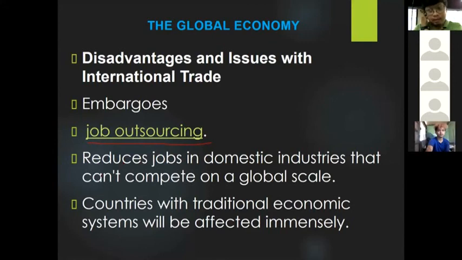Dahil nga mababa ang salary or wages sa Pilipinas. It reduces jobs in domestic industries that can compete on a global scale. Yung mga maliliit na industriya, maliliit na kumpanya ng sapatos sa Marikina, for example, dahil marami pumapasok na imported goods from international trade, dahil hindi sila makapag-compete sa mga international brands, nalulugi sila.